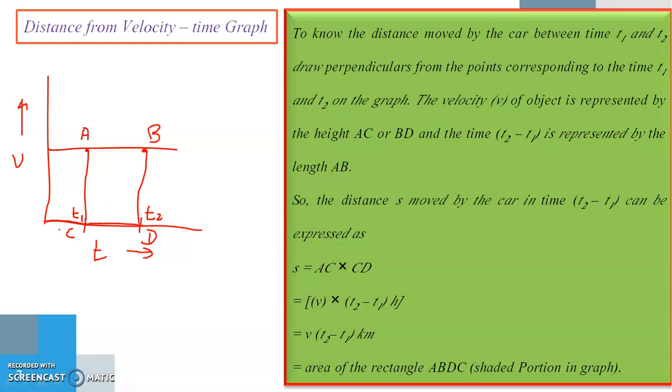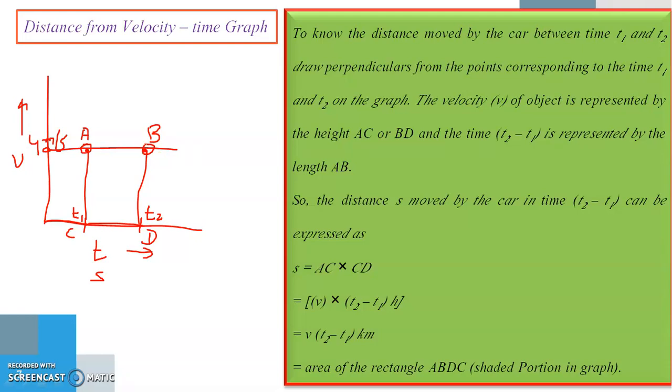Here, at point C, after time t1, the particle is moving with some velocity, and uniform velocity means that the particle is moving with the same velocity at different time intervals. Now here this velocity is the same, let it be 4 meter per second, that is the unit, and time is in seconds. So again at point B the particle is moving with the same velocity, time is different, clear?